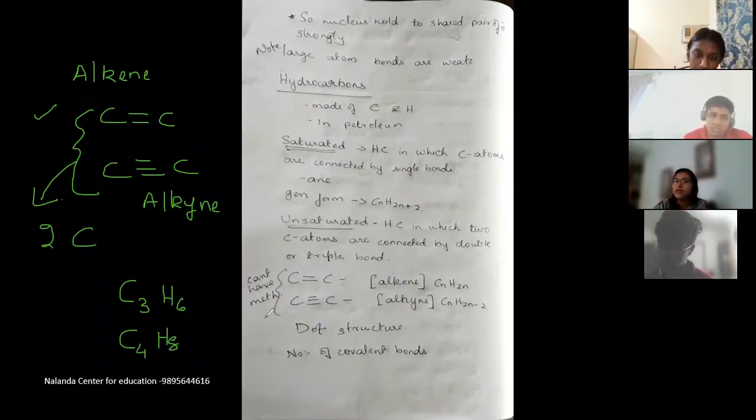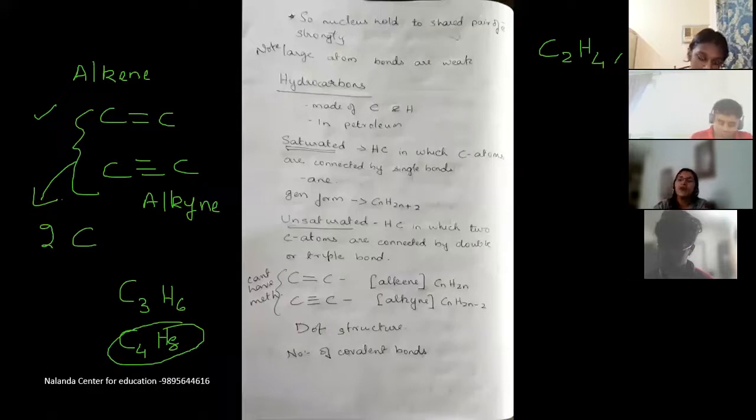It is going to be C4H8 because the alkene series is going to start from C2H4, C3H6 and C4H8, right? So you are going to go wrong here. Same is the case with alkyne.